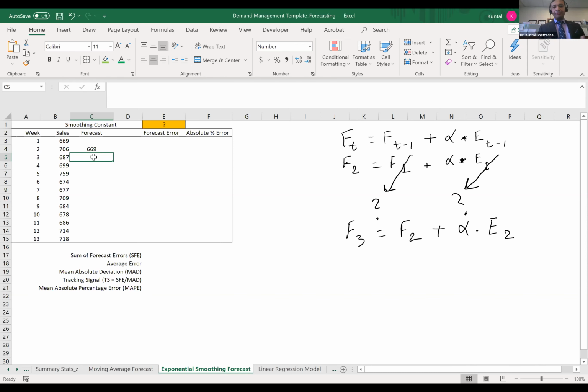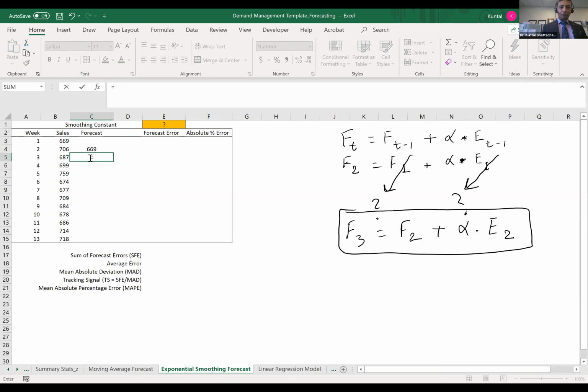So let's compute this in the same way we have drawn this equation. The forecasted value for the third period is equal to the forecasted value from the second period, which is 669, plus a smoothing constant.